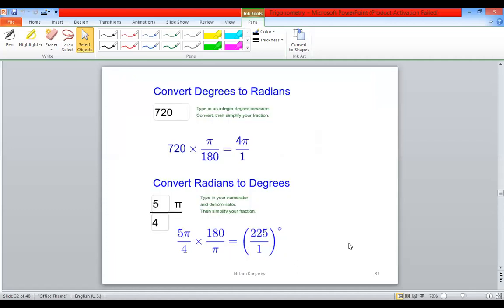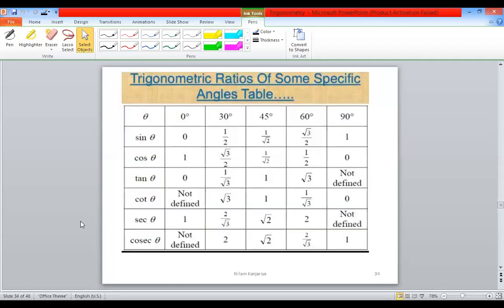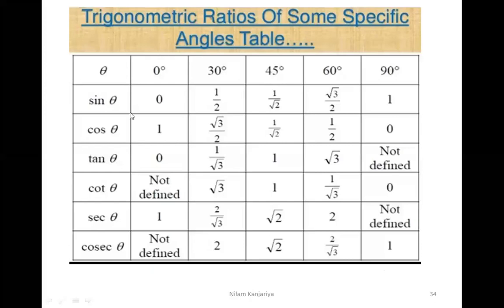I show you the relation between them. Degree means you can multiply any number, any degree by pi upon 180. So I want these following thetas in the radian form. So the first one, it's 0 degree, that means 0 radian.